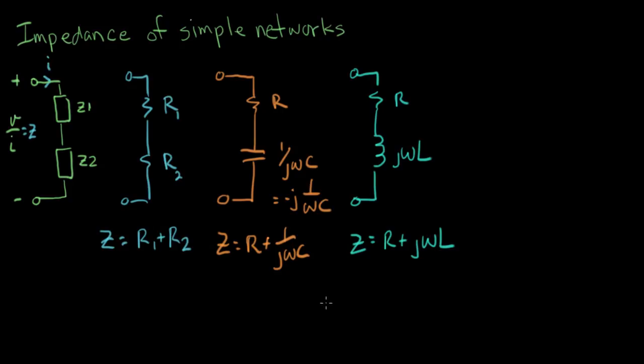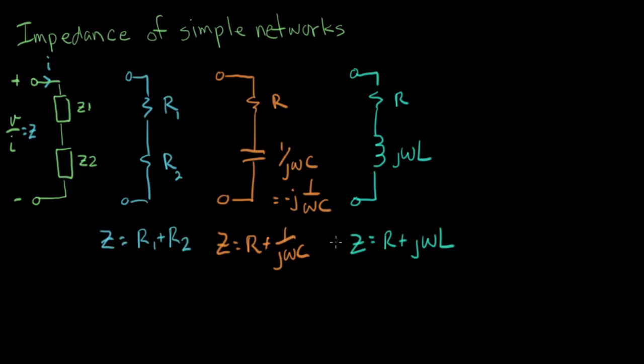Now what I want to do next is introduce some new terminology that we use when we talk about impedances. So let's look at these two examples down here for the capacitor and the inductor. R is a real number. 1 over J omega C is an imaginary number, and together they make a complex number. And over here with the inductor, we see the same thing, a real part and an imaginary part.